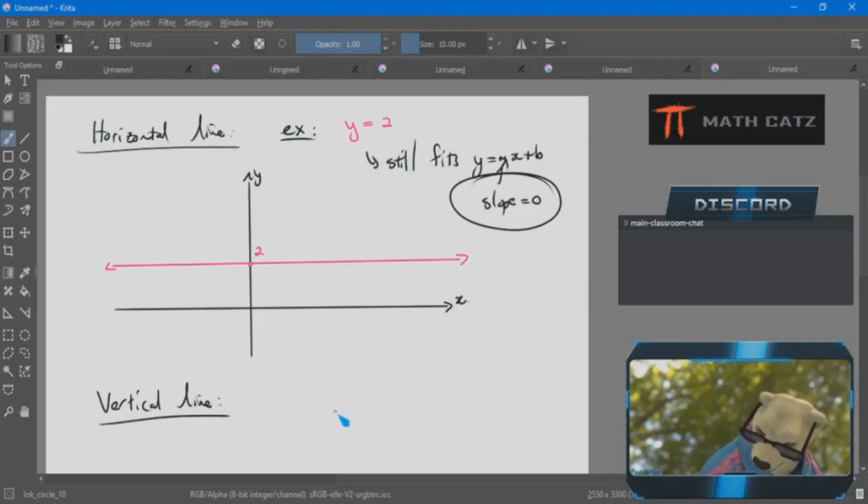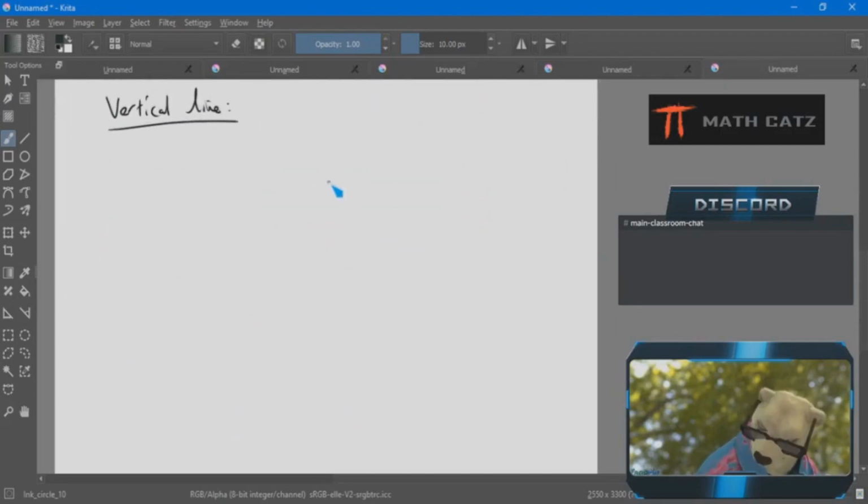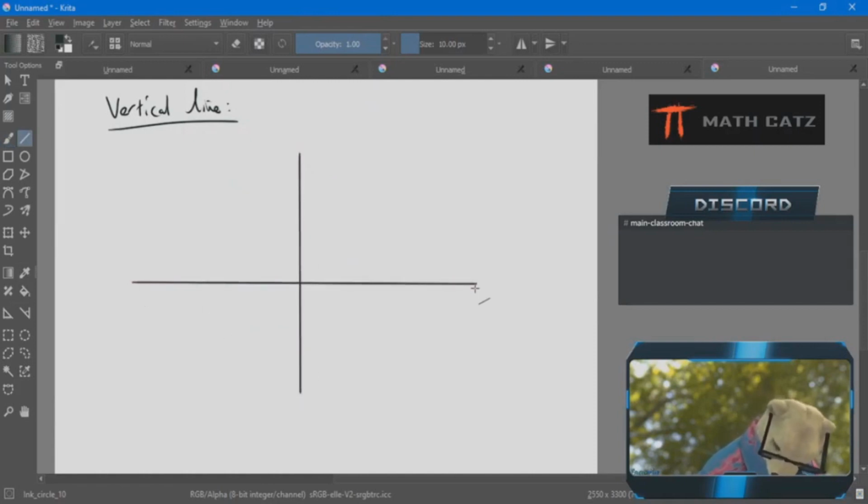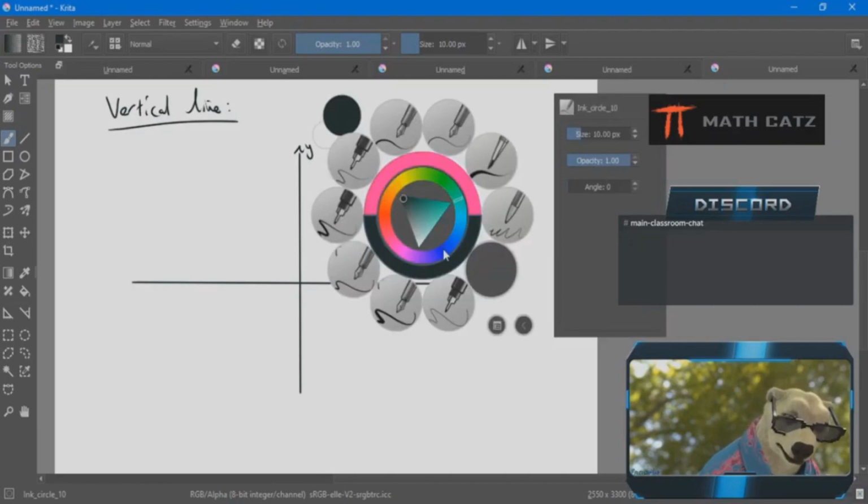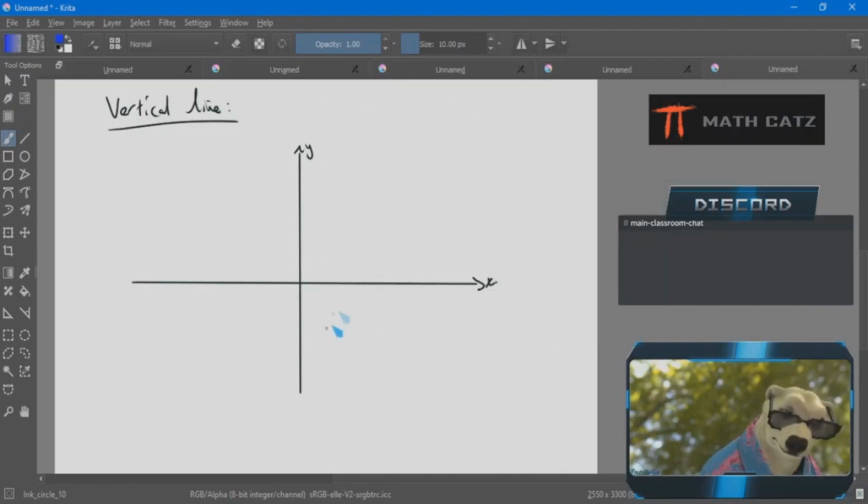The other one is a vertical straight line. Let's draw that. Let's try blue. Perfectly vertical, let's say here, sits at x equal to 3.